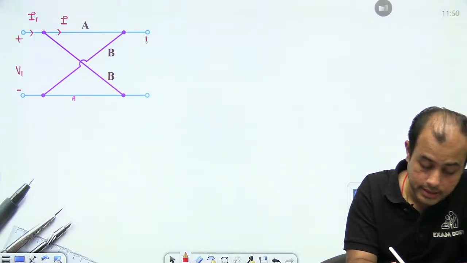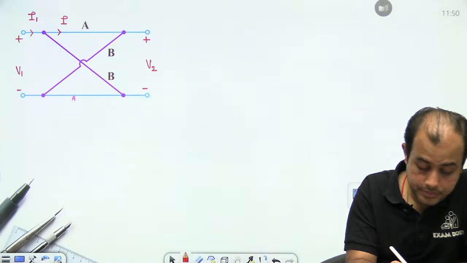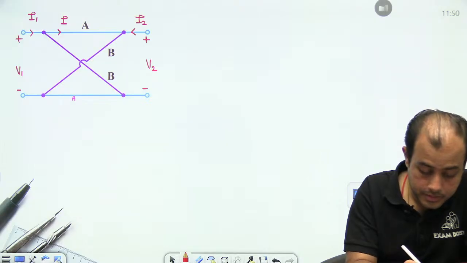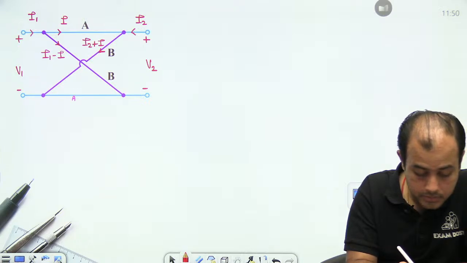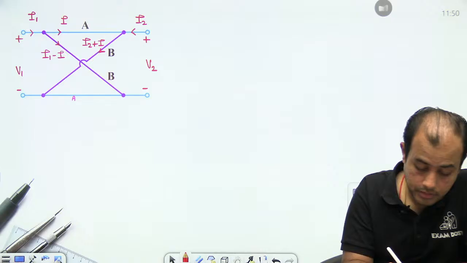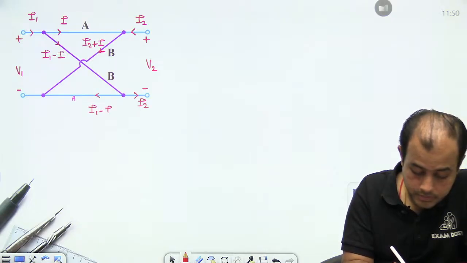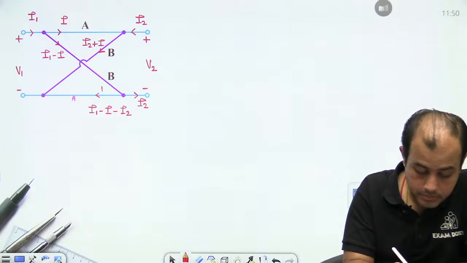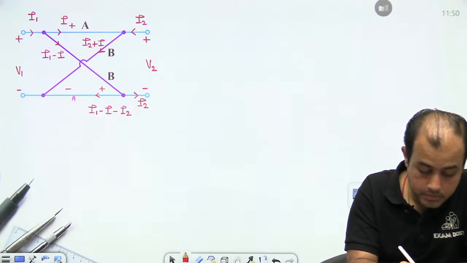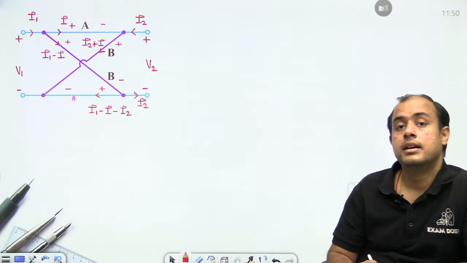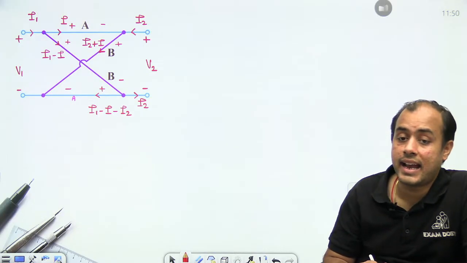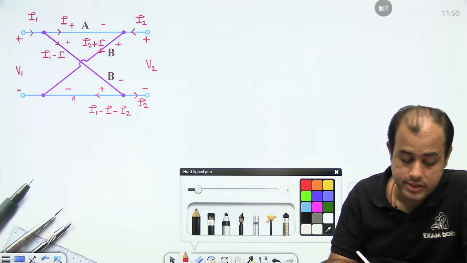Assume this current as I. Now this I variable is the extra variable that I have assumed.